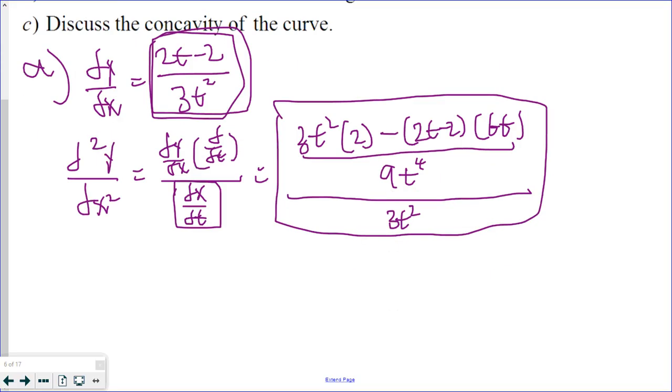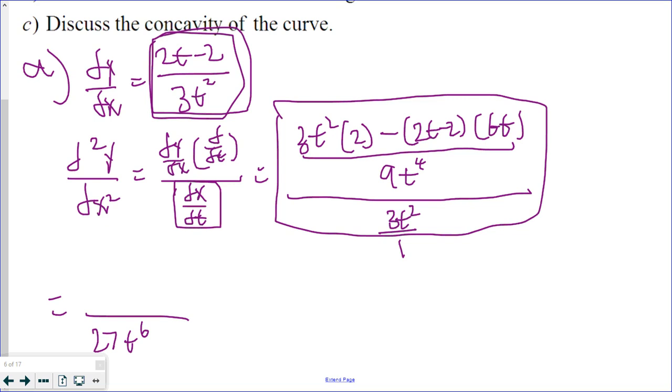Maybe we can do some same change flip and combine like terms on top here. This is like 3t squared over 1. If I do same change flip, 9t to the fourth and 3t squared are going to multiply together, and you're going to end up getting 27t to the sixth on the denominator.